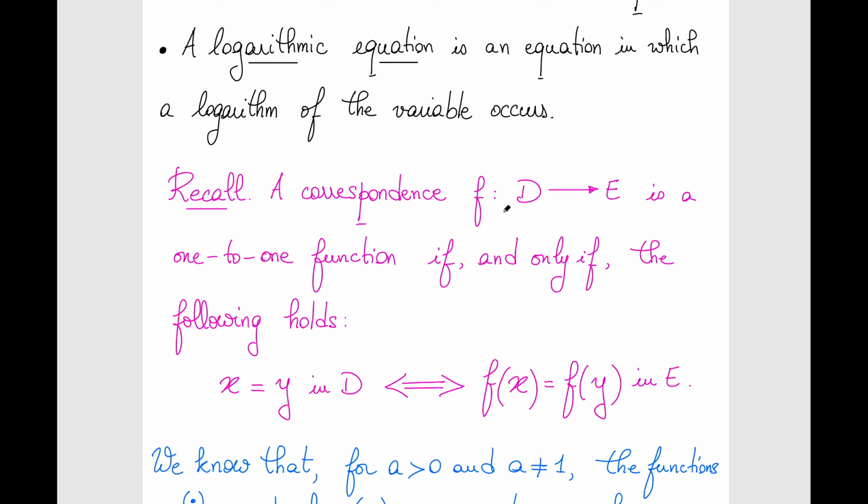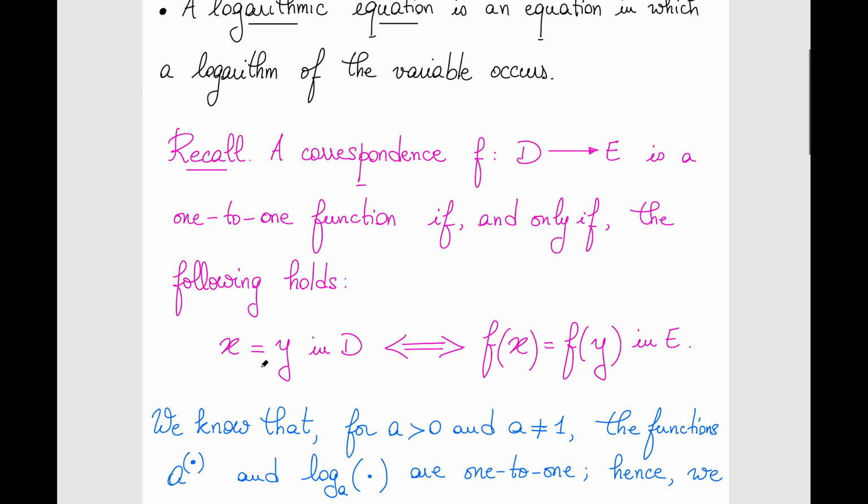Remember, the range of the function is a subset of E. At best, the range is E itself. So a correspondence f defined on D with values in E is a one-to-one function if and only if the following holds.